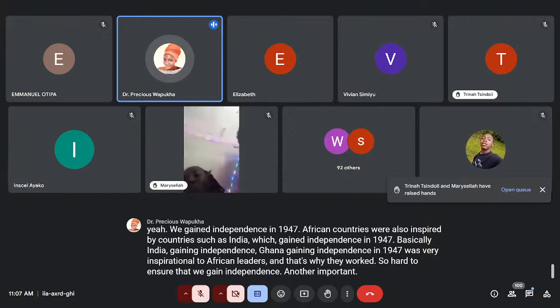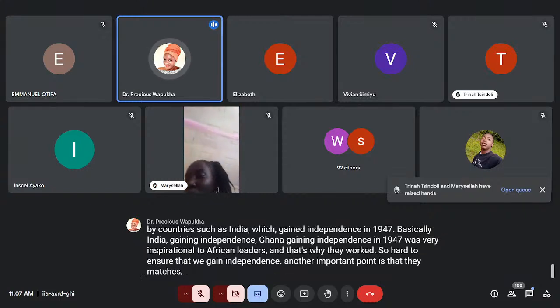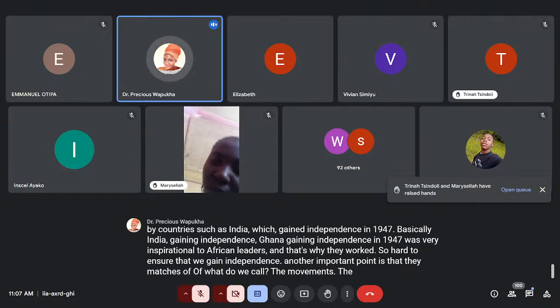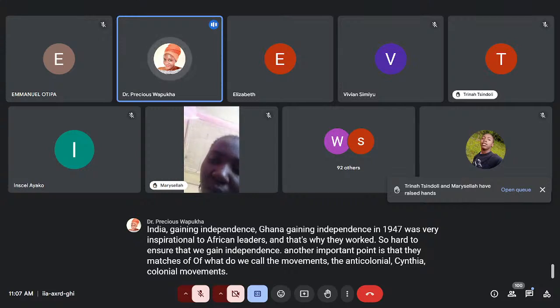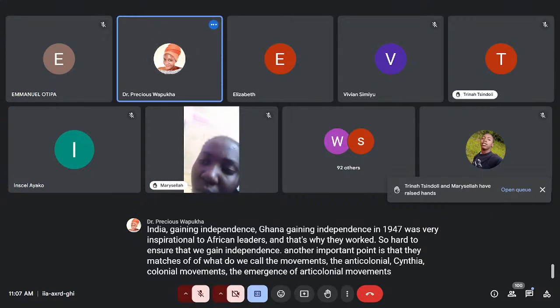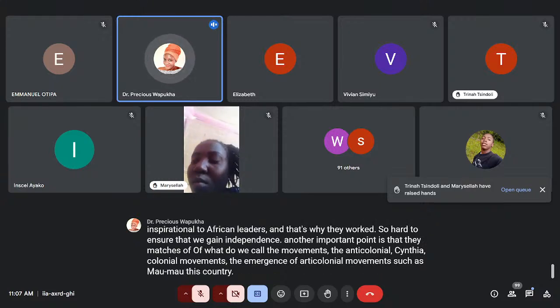Another important point is the emergence of anti-colonial movements such as Mau Mau. This contributed much in the struggle for independence.